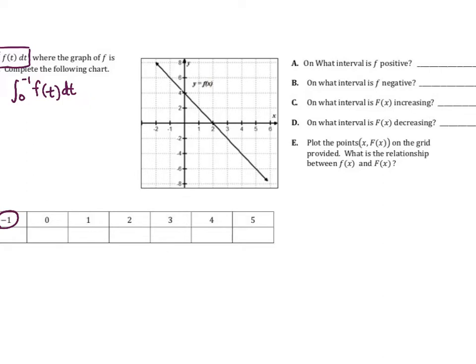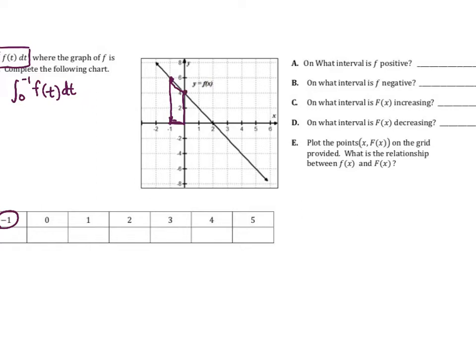Looking at that region, here's -1. Here is 0, so we do have that trapezoid, and looking at this we can figure out our sides and our shape. Up here the height is 6 and the other height is 4.